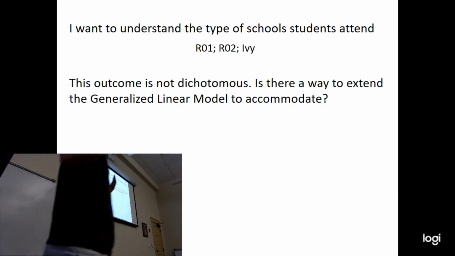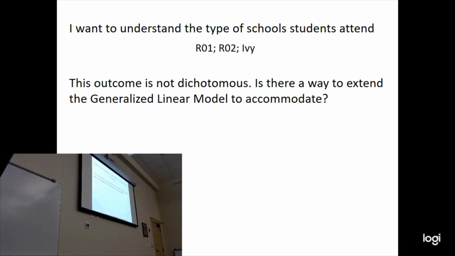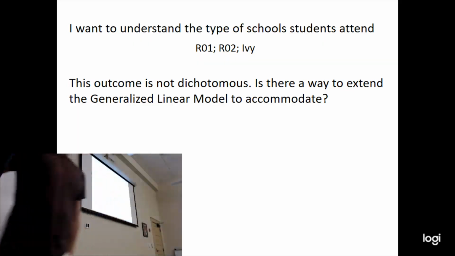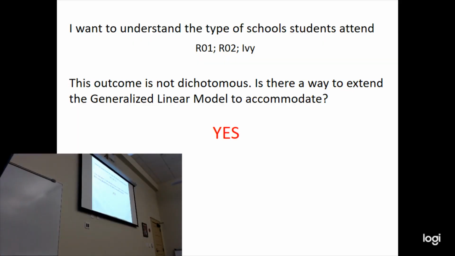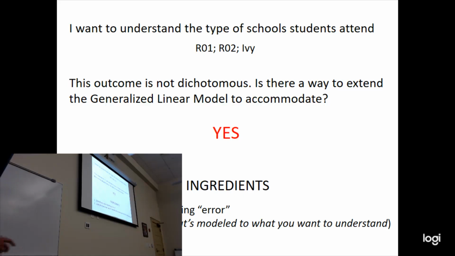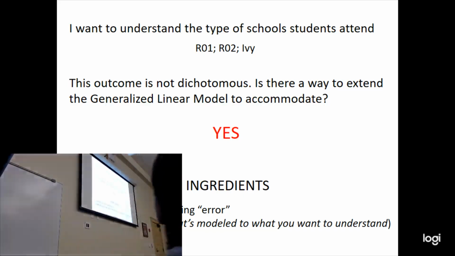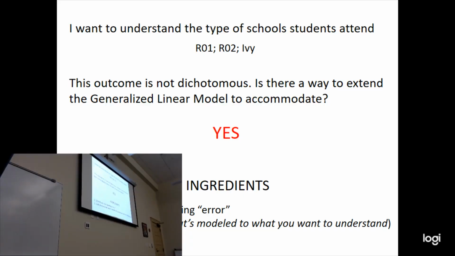So the question might be, is there some way that we can tweak the generalized linear model to help it accommodate this kind of outcome? And as you might imagine, the reason I'm doing this at all is that the answer is yes. The way you do that uses the same tools that I highlighted for logistic regression when we had that dichotomous outcome.